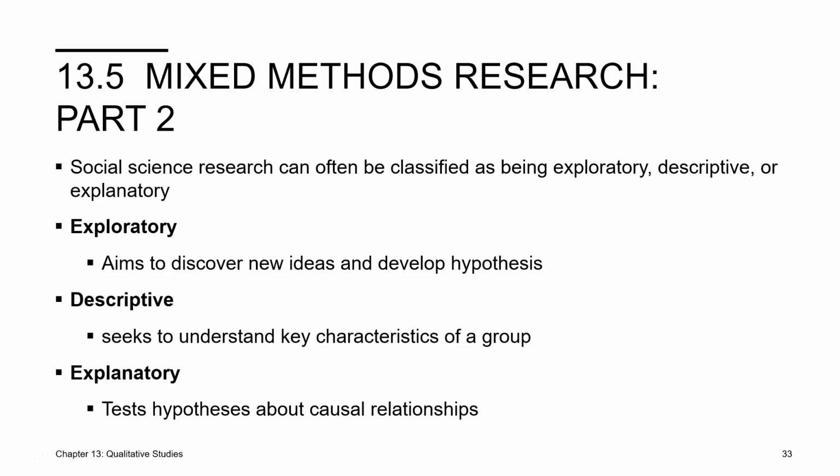Social science research can often be classified as exploratory, descriptive, or explanatory. Exploratory studies aim to discover new knowledge and develop hypotheses. Descriptive studies seek to understand key characteristics of a group, and explanatory studies test hypotheses about causal relationships.